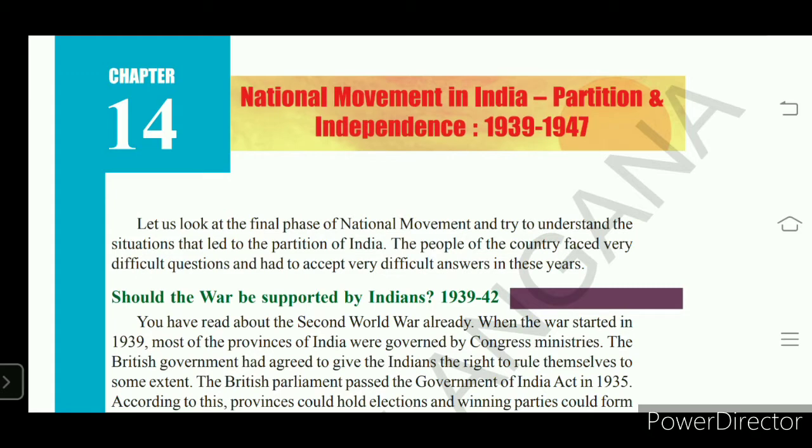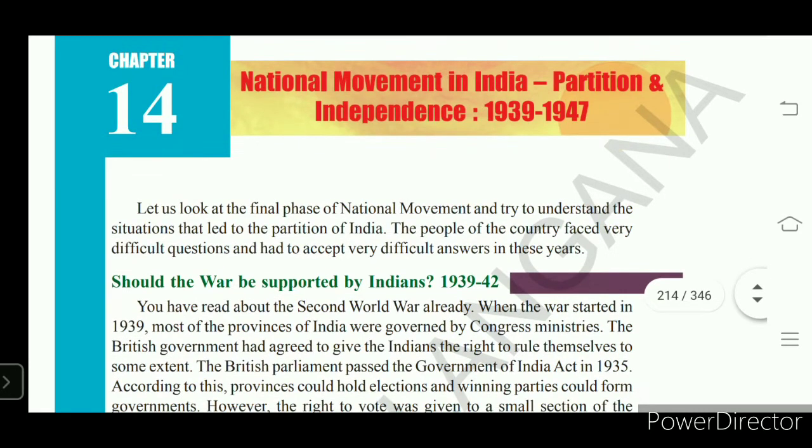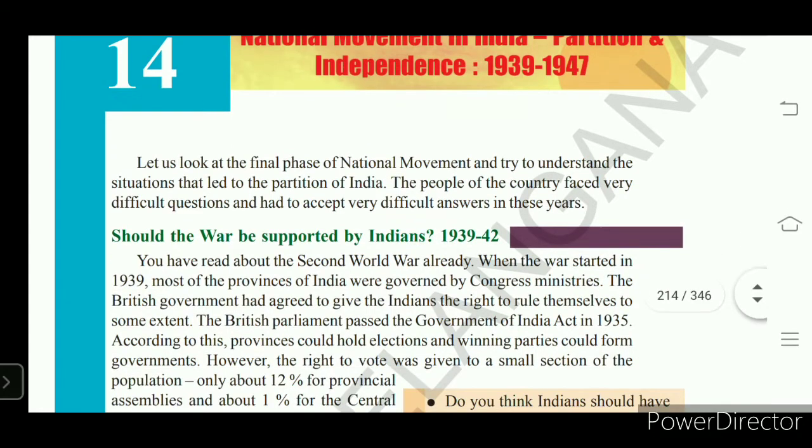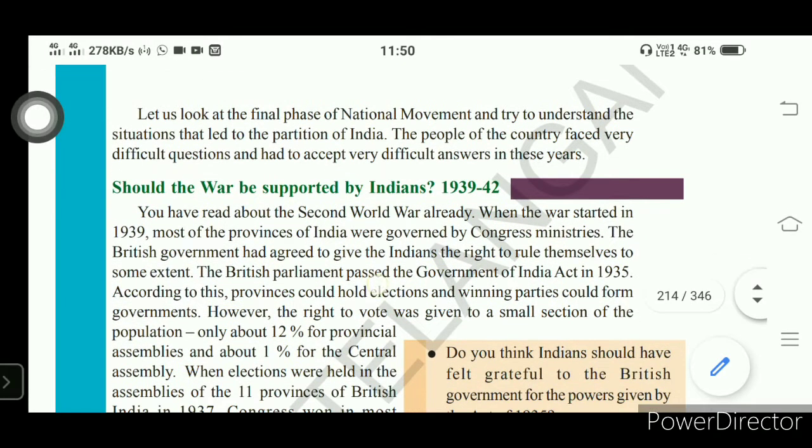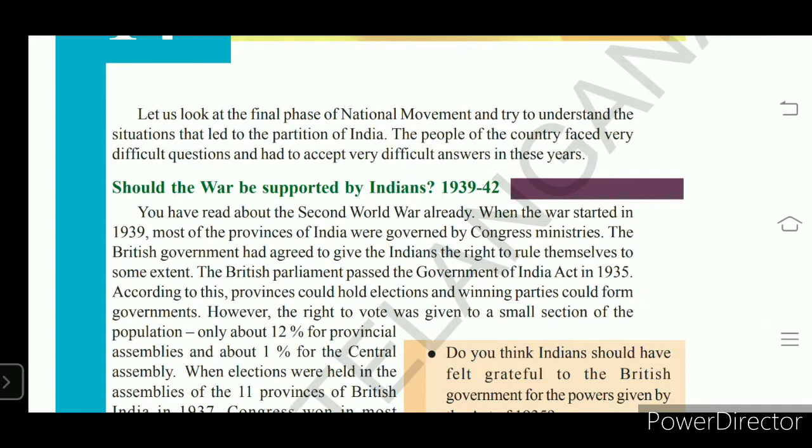So in that it is a final phase from 1939 to 1947. So it was a very difficult situation for India because we know that it was a second World War period.